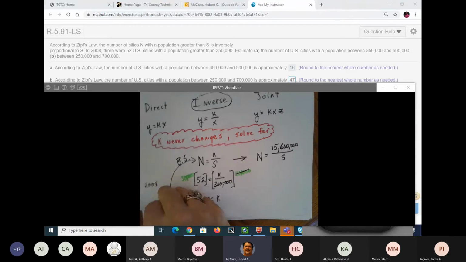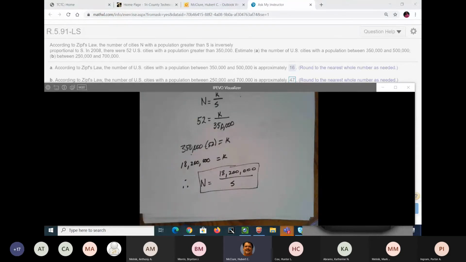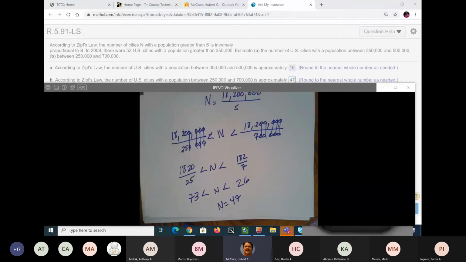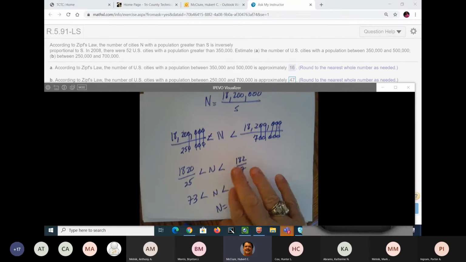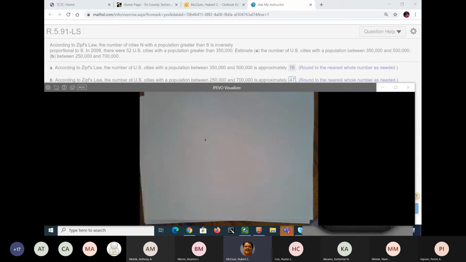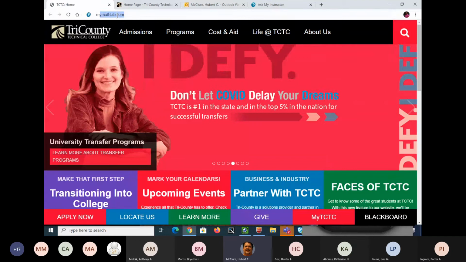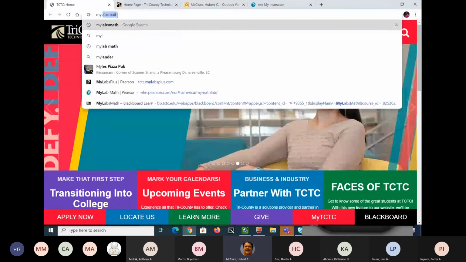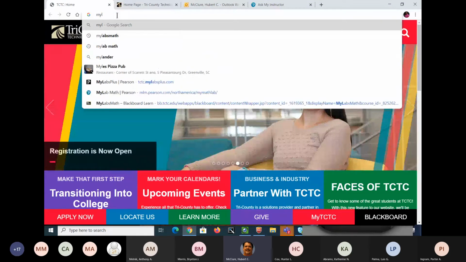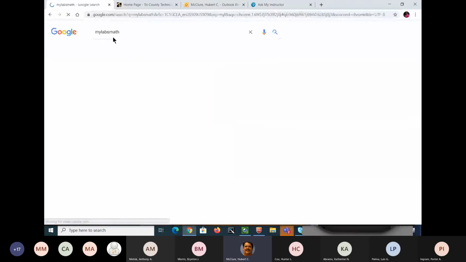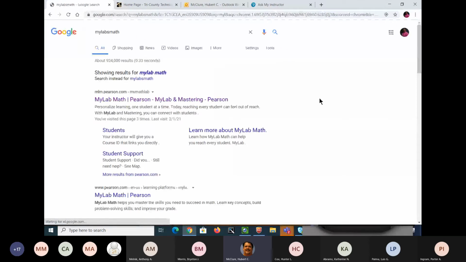All right, what was the last thing that we went over as far as composition of functions? Did we go over composition and vertical line test and all that good stuff? Yeah, we did. Okay, let me look and see what is next. Unfortunately, I'm going to have to pull up my Labs math again, because when you work at Tri-County Tech and they set the cookies to kick you out, you have to get out of everything.